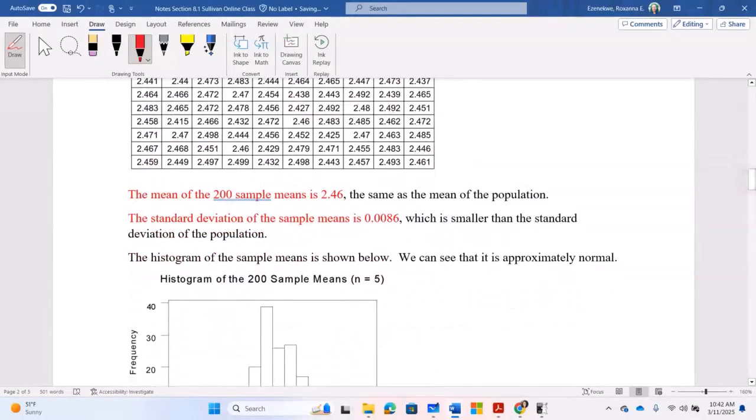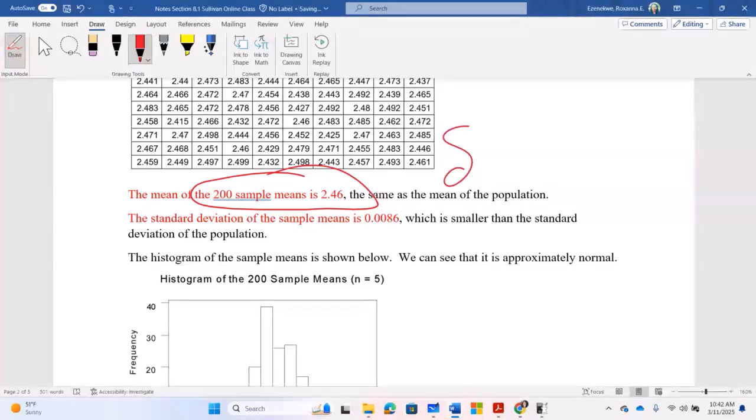So the mean of 200 samples is equal to that. No matter whether the data is skewed right, skewed left, or normally distributed, the mean of the central limit theorem is equal to the mean of the original data.